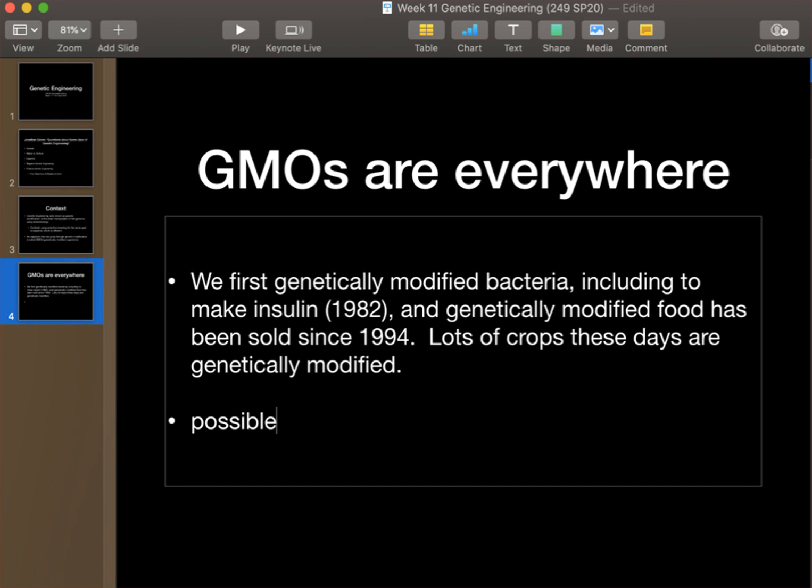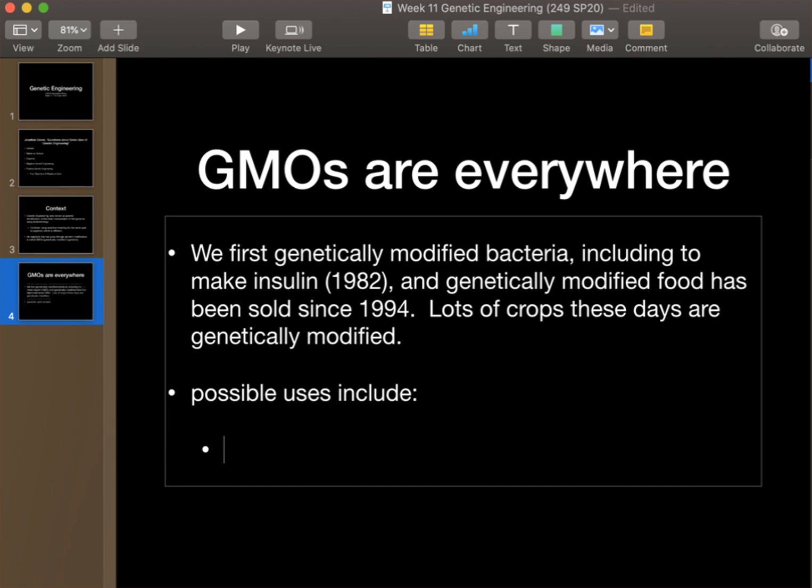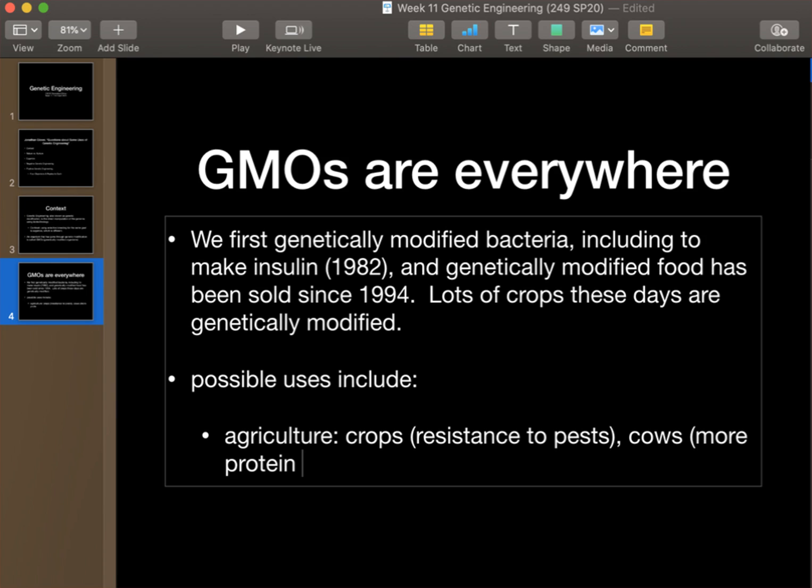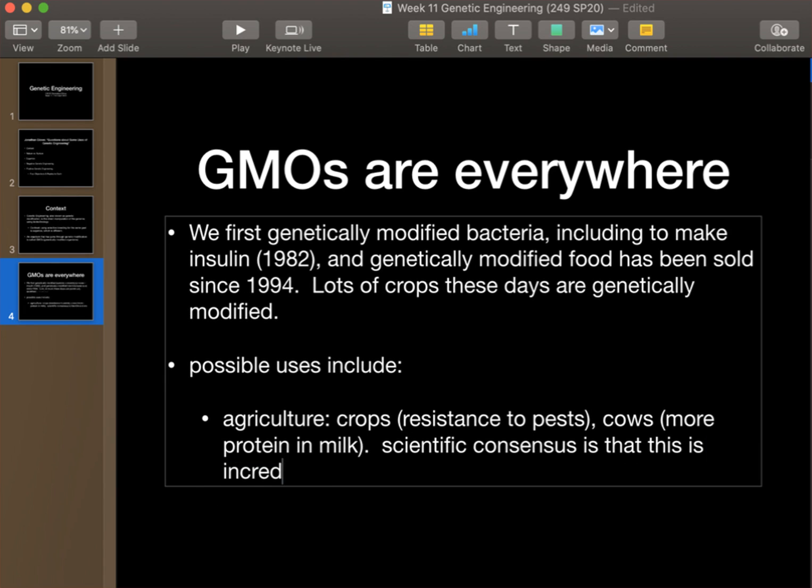Okay? So possible uses include, as I've just said, agriculture. Crops like resistance to pests. Cows to put more protein in their milk. The scientific consensus here is that this is incredibly safe.